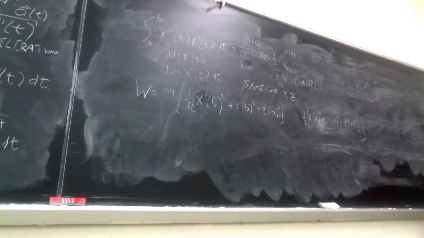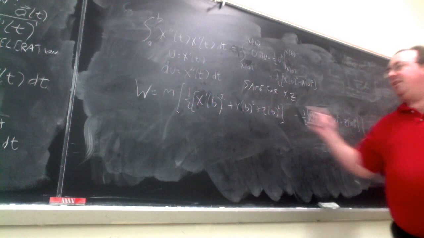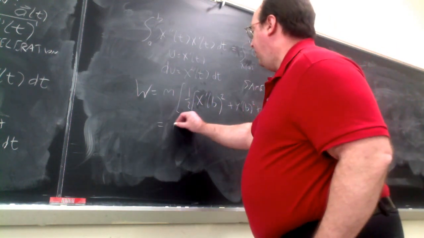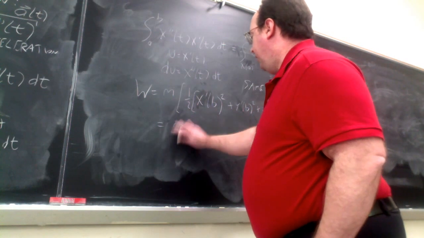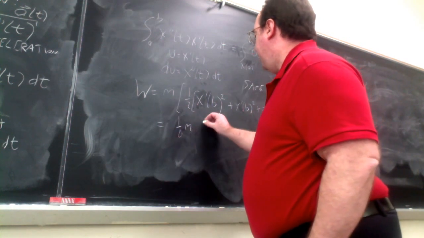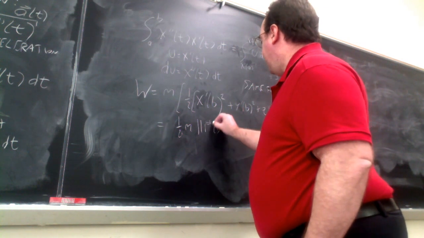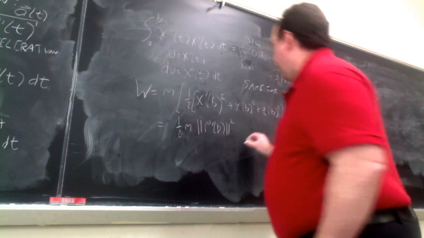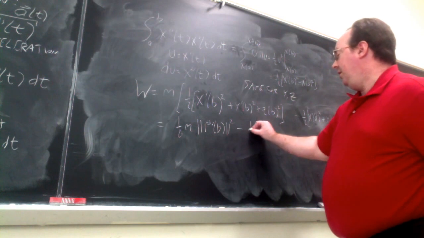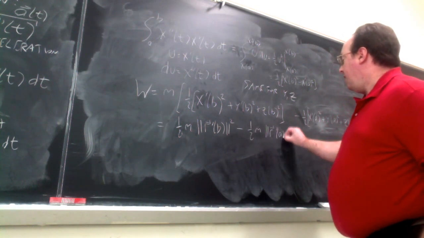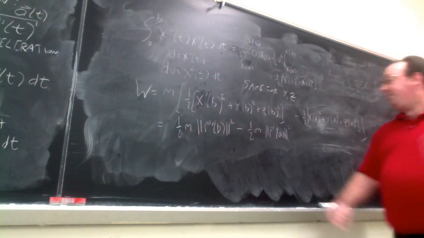It's a magnitude. And because there's no square root here, it's a magnitude squared. So I can write this as 1/2 m, and this would be the magnitude of r prime of b squared minus 1/2 m r prime of a squared.